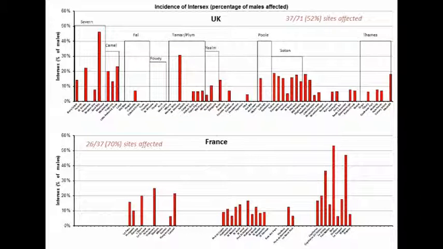What we find is that in the UK, about half of the sites were affected, so we found intersex clams at just over half the sites. 70% of sites affected on the French coast. So these are the percentages of males that are feminized. So up to almost 50% on the Severn, over 50% on some of the French sites.